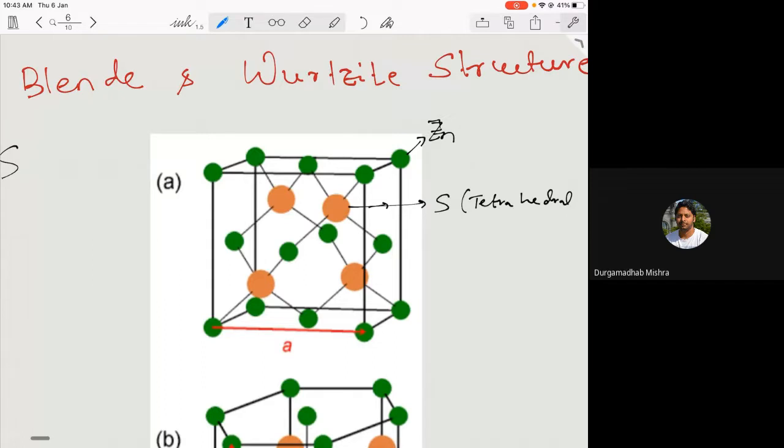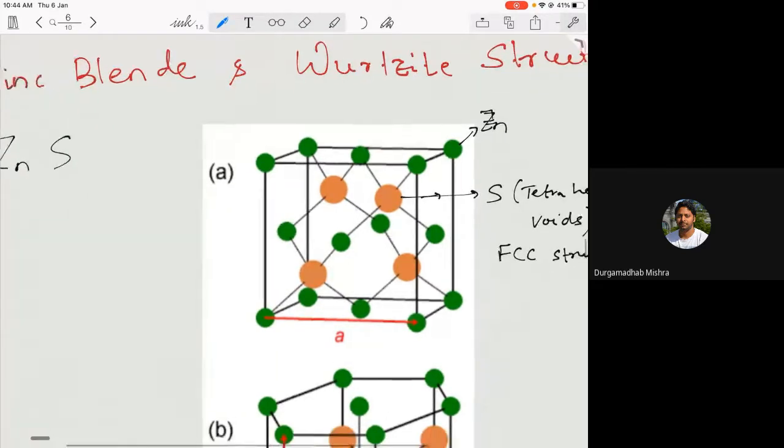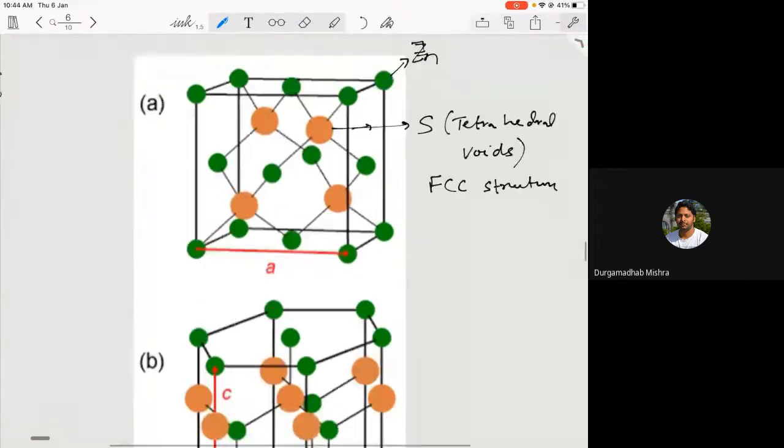You can say this green one is sulfur, and then the zinc would be sitting in the tetrahedral voids within the lattice. So this is a zinc blende structure. It is an FCC structure, very similar to the carbon one, but now instead of only one type of atom, you have two different types of atoms, zinc and sulfur. That's why it's a zinc blende structure.